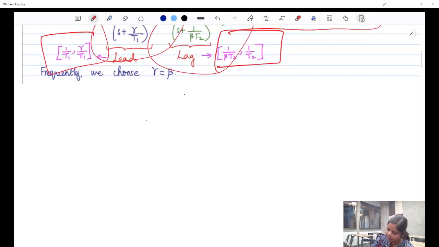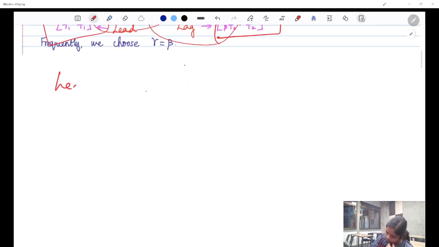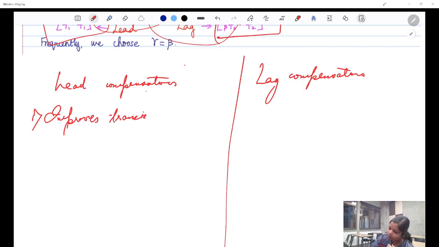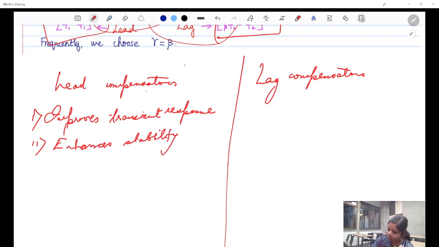So the whole point is, the lead compensator improves transient response and enhances stability because it introduces phase lead at higher frequency, right?